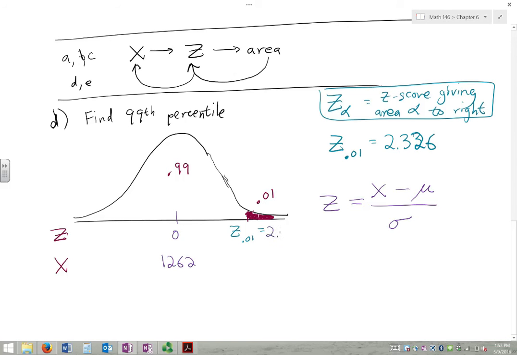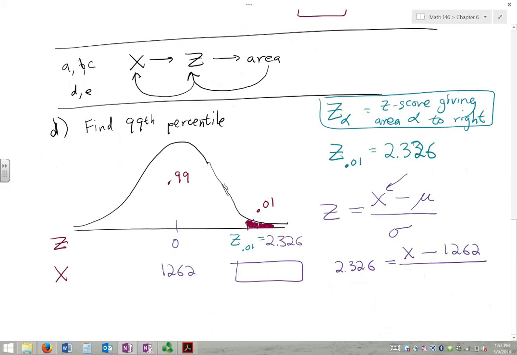This is the z-score, so we need to find what x value it goes with. So x is what we're trying to solve for. We can plug everything else in: 2.326 equals x minus the mean, that was 1262. So we're taking the z-score and converting it back into an original data value. Standard deviation, I think that was 118. Yeah.